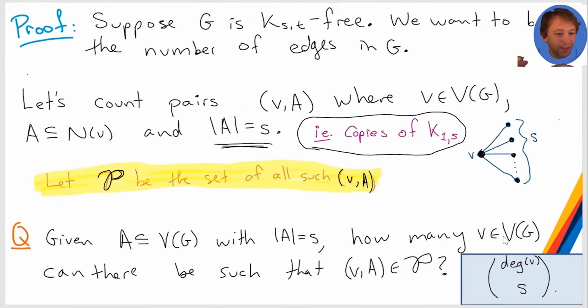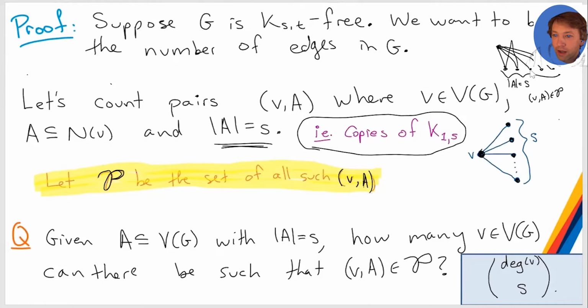If I take a set A of size S, how many v can there be such that (v, A) is in P? The point is this graph doesn't have any K_{S,T}, right? So if I've got a specific set of S vertices here, every time I find a vertex v where (v, A) is one of these pairs I'm counting, it looks like this.